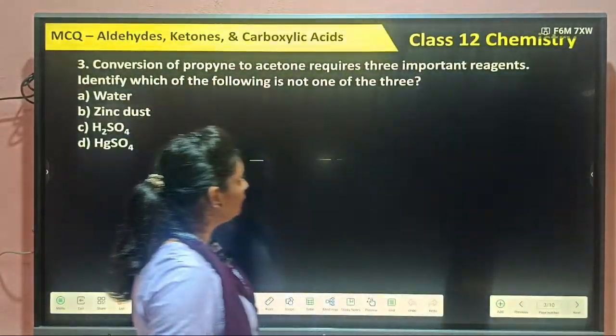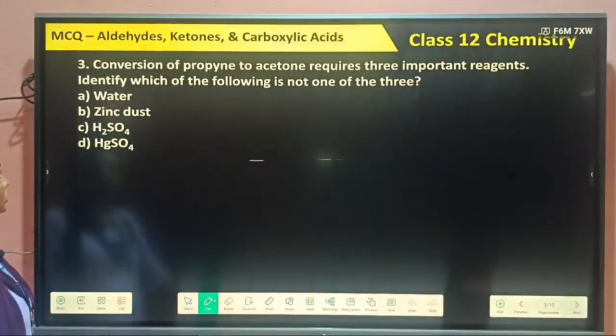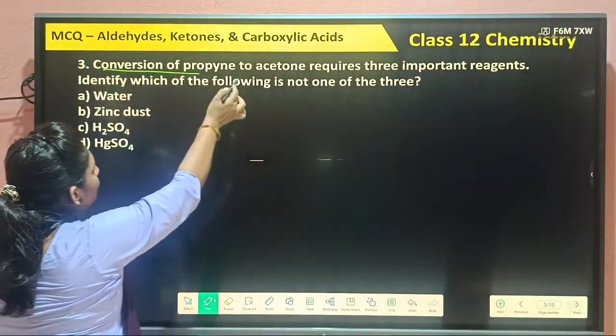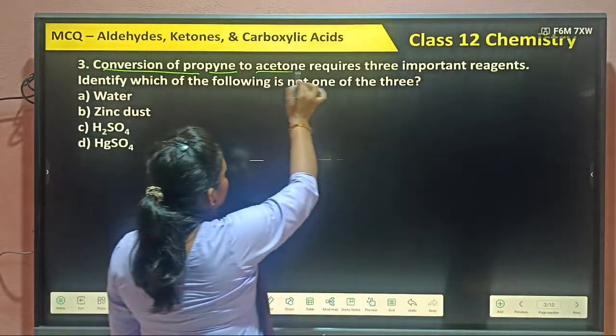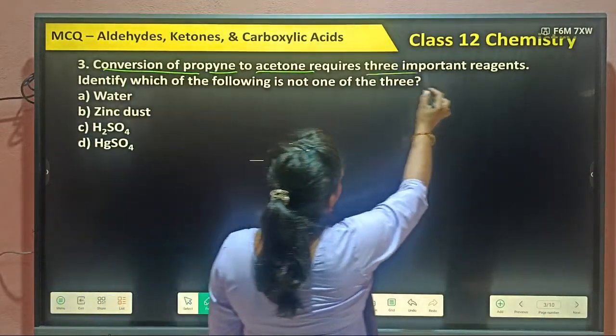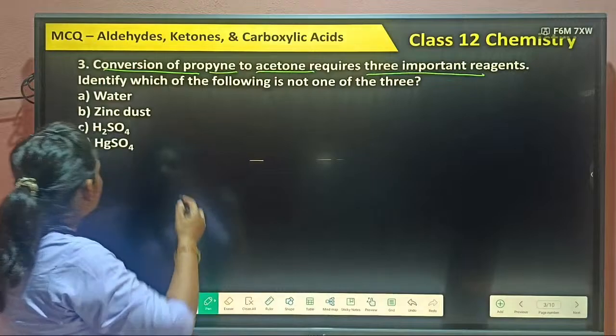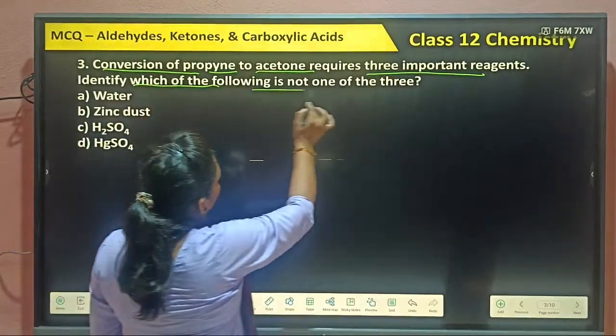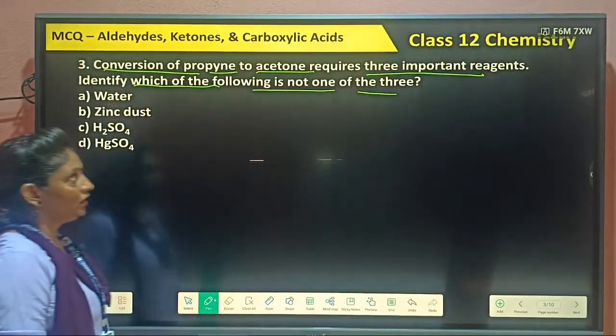Students, now see the next question. Our next question is conversion of propyne to acetone requires three important reagents. Identify which of the following is not one of the three.